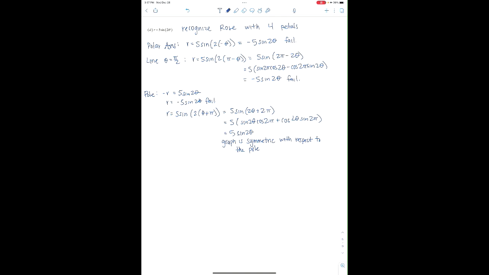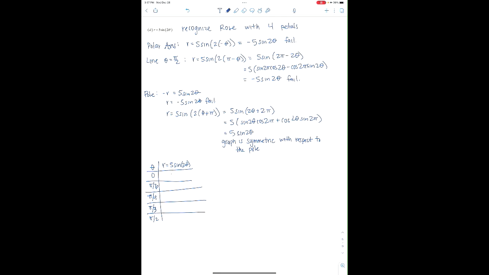Let's grab some coordinates to plot to get an idea. We'll go 0, pi over 6, pi over 4, pi over 3, and pi over 2. And we're looking at where r equals 5 sine 2 theta.